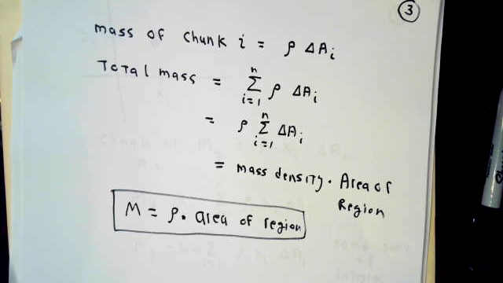The total mass is the mass density times the area of the chunks, and then we add up all the chunks. This is going to be the mass density times the total area of the region, which in some cases we do know how to calculate.